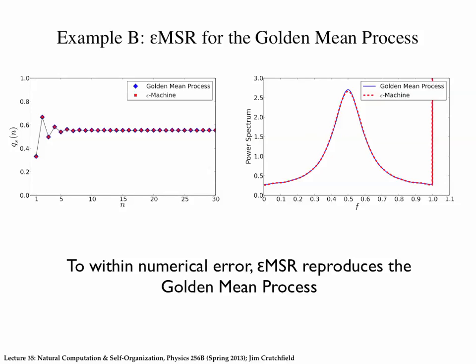So thinking about how EMSR works with infinite memory processes is actually very relevant because we think this is probably pretty common in nature, and it's important to see how well this algorithm will capture it. So this is not just a fun intellectual exercise. This actually is quite meaningful.